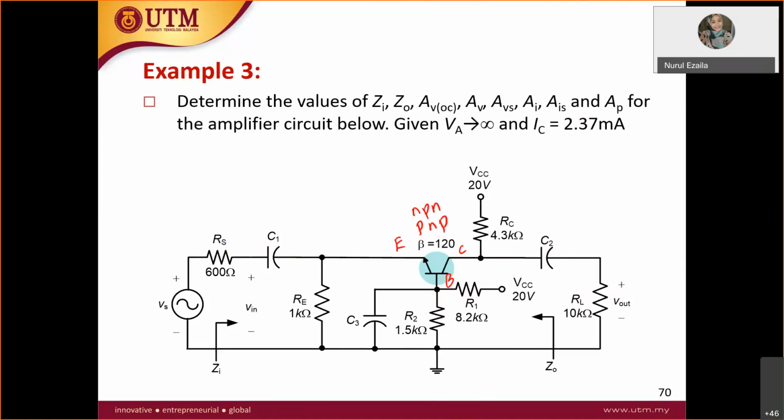Yes, this is NPN, not PNP. Why? Because the current from base to emitter here is going out. It is like this actually. So this is your collector, emitter, and base. When current goes out from the base to emitter, this is NPN.